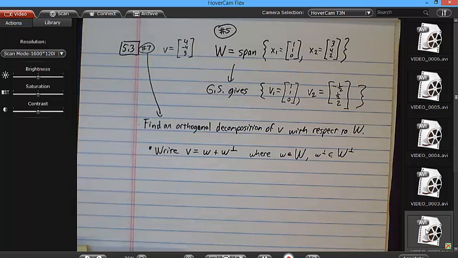So it seems to me we're going to need to know something about W perp first of all. And I guess the question is, should I do it the hard way or the easy way? How about the easy way?